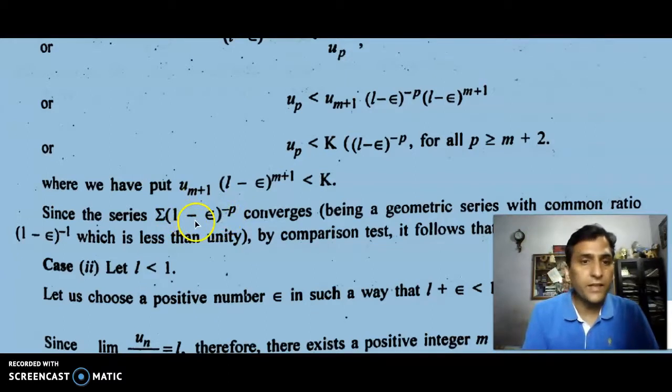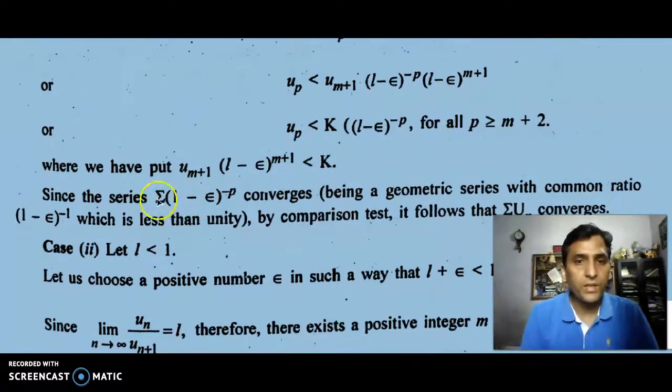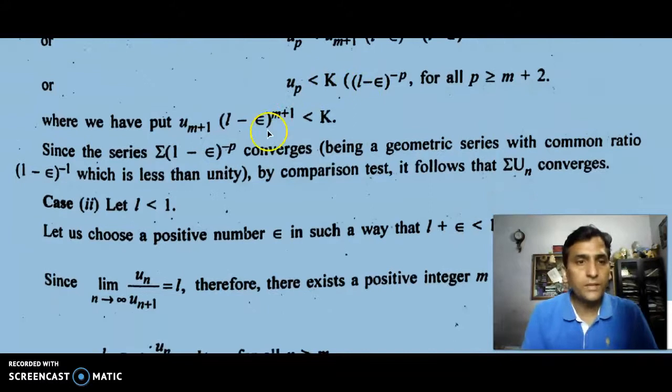So it is a geometric series with common ratio less than 1, so it is convergent. Since our term is less than this, by the comparison test it must be convergent. So we have proved that this series is also convergent.